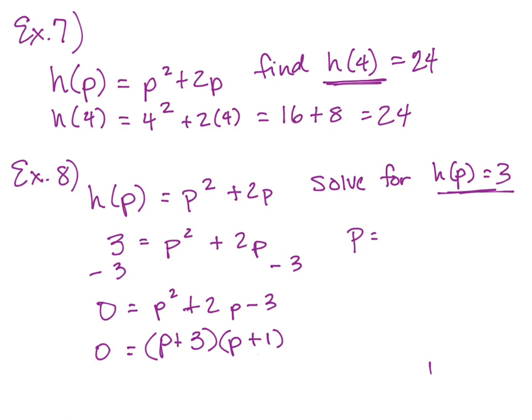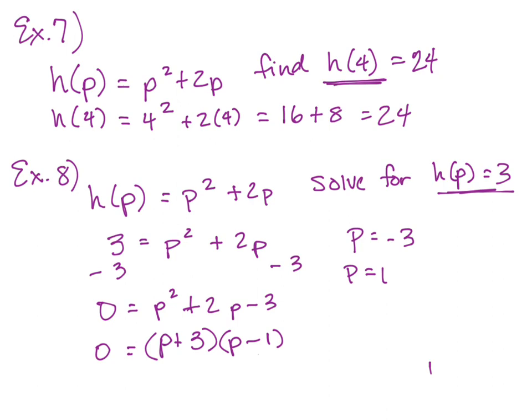Yes, p plus 3 and p minus 1. You're right, because we got to make a positive 2. Good call. p plus 3 and p minus 1. So p equals -3 and p equals 1.